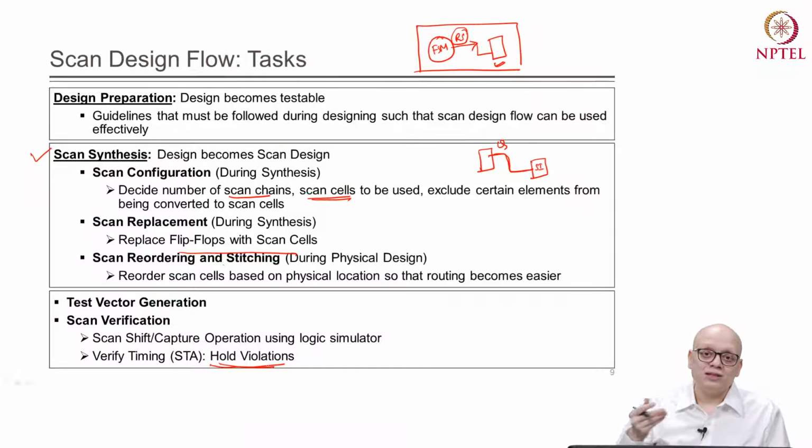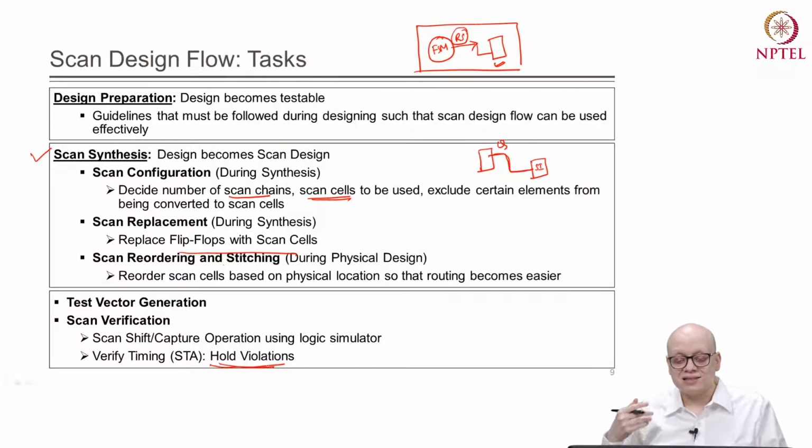If there was some problem in this scan cell insertion, then those problems will be caught, right. So, we carry out combinational equivalence checking to ensure that the functionality of our chip has not broken.